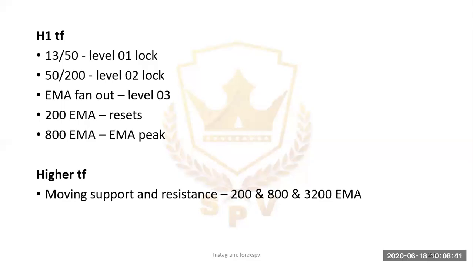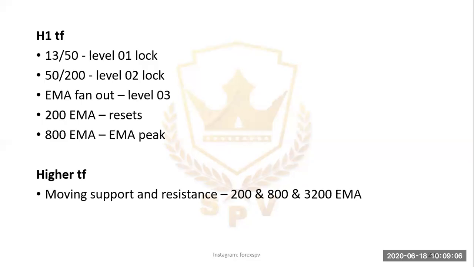On the hour 1 time frame now, the 13 and 50 crossover after the peak formation and level 1 has moved indicates level 1 lock. The 50 and 200 crossover after level 2 indicates level 2 lock. When the EMAs are fanned out, it indicates level 3.